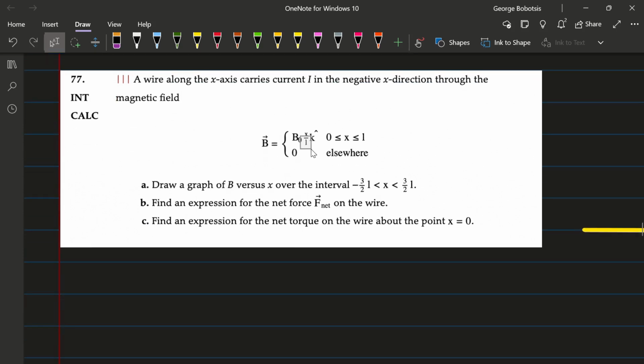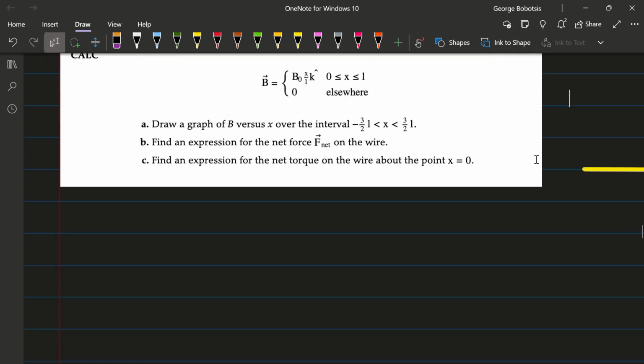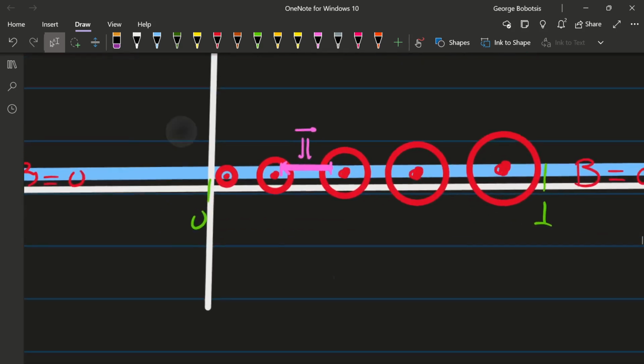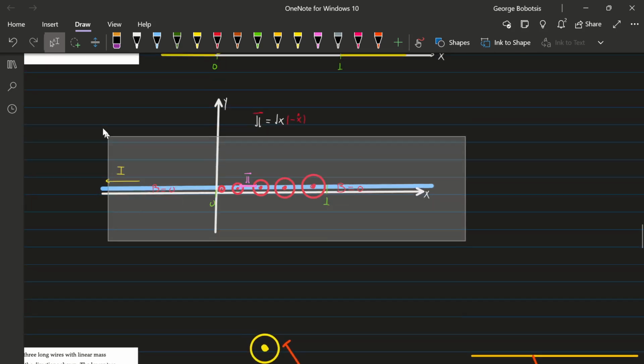So I don't think this has anything to do with the wire. It's like a scaling parameter. Anyways, the problem says find an expression for the net force on the wire. It probably makes sense to you to understand what I'm about to do.